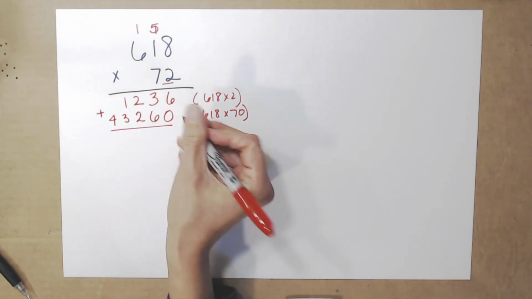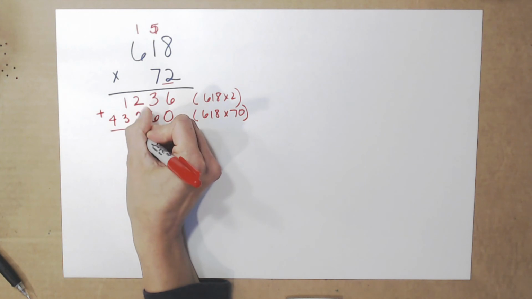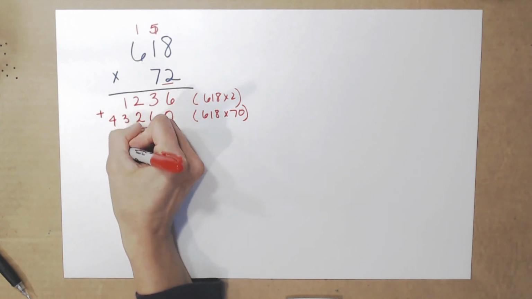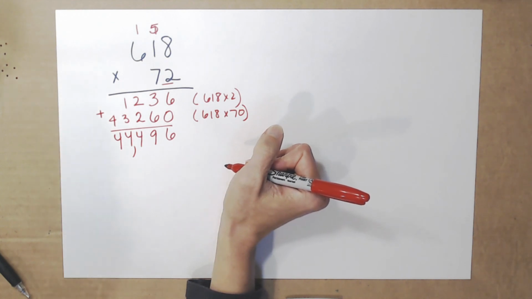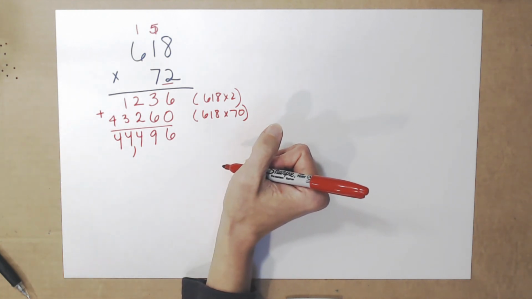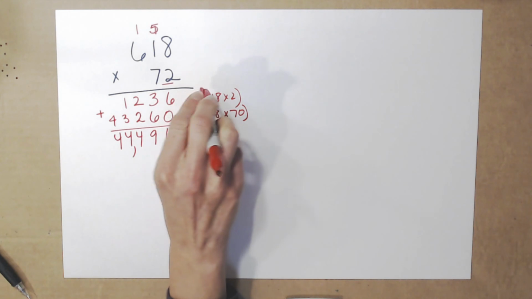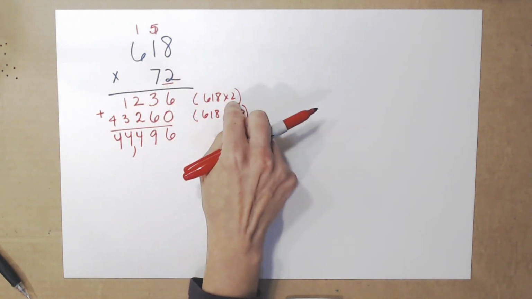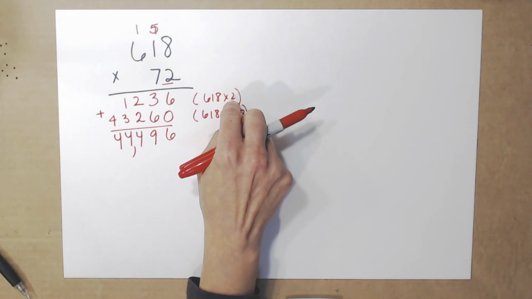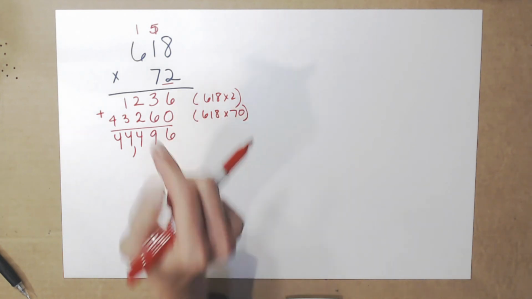Now we add. 44,496. And you can see that our answer is just found by finding 618 times 2 and 618 times 70, adding them together.